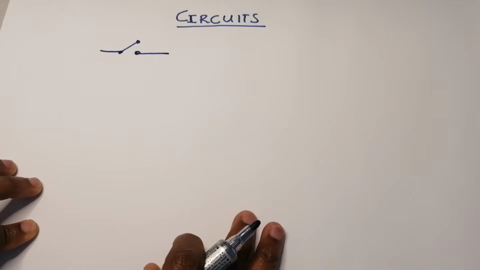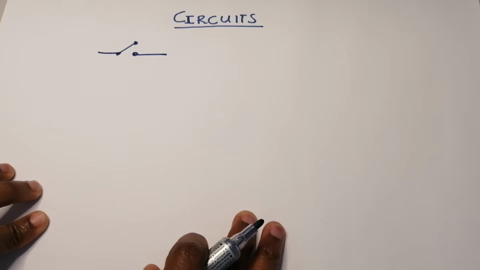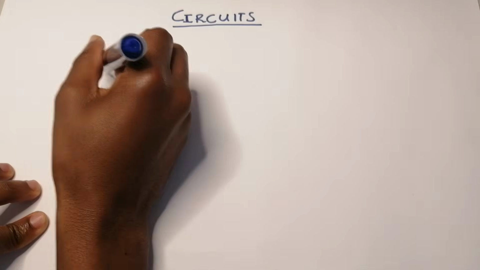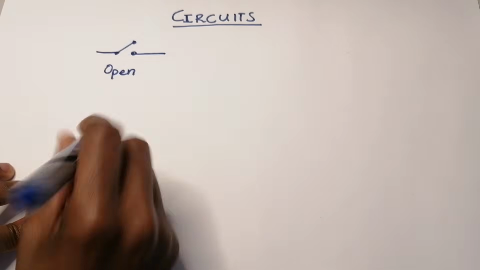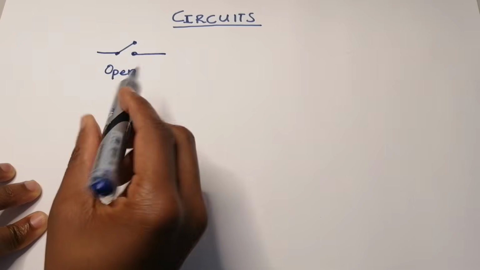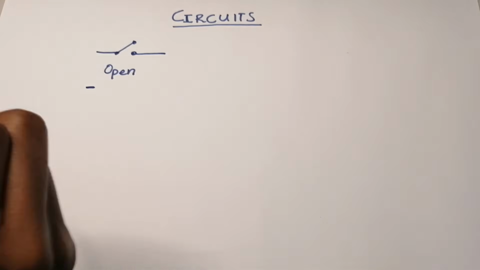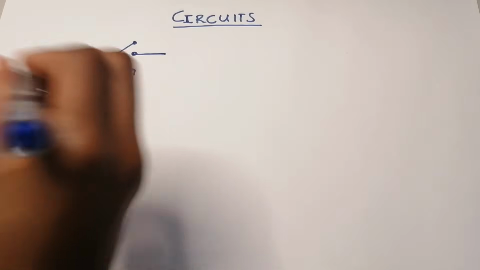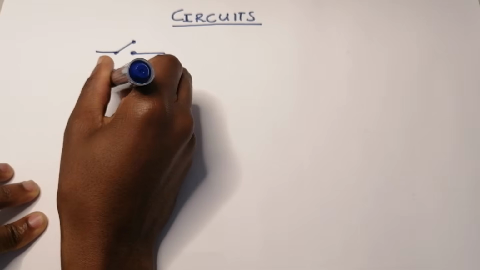Now, if you look at this structure, for instance, this is a symbol of an open switch. Now, I want you to please note, when a switch is open, we need to remember that it simply means we have infinite resistance.